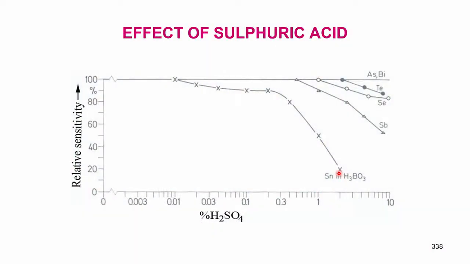This is the effect of sulfuric acid. For example, look at tin, by about 1% tin is gone, the signal is approximately only 20%. Antimony is slightly more tolerant, and like that you can study all these reactions.